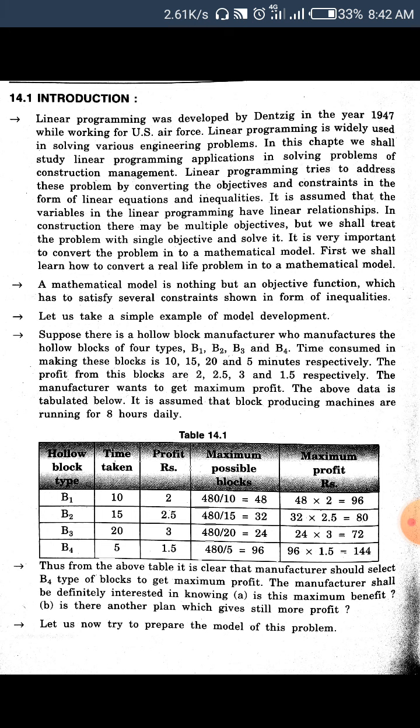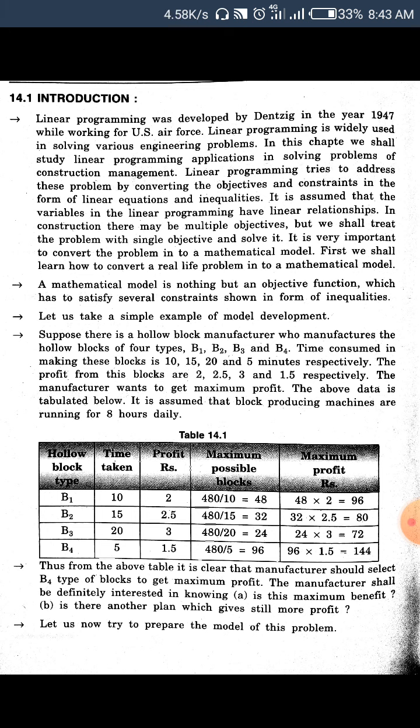Here the maximum profit is 48 multiplied by 2, where 2 is the profit in rupees, so we get 96. Then 32 multiplied by 2.5 is 80, 24 multiplied by 3 gives 72, and 96 multiplied by 1.5 gives 144 rupees.